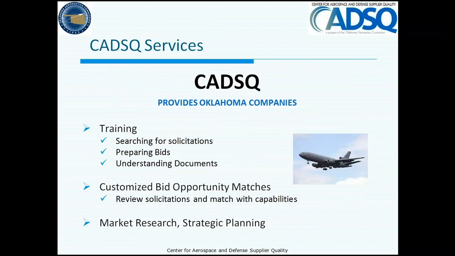So some of the things that we do to help Oklahoma companies is training, and that's what this webinar is all about. We're going to show you how to do searches and talk about preparing bids and understanding documents. We will do searches for you if that's something you would like, but what we want to really do is to train you how to do those searches yourself. We will do market research and strategic planning if that's something you're interested in.